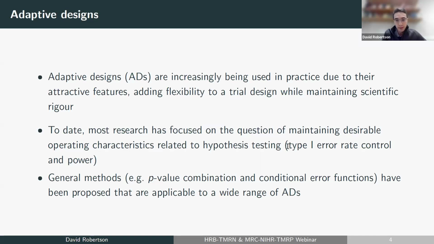So in particular, ensuring control of the type 1 error rate, which is seen, at least from a regulatory view, as really crucial when it comes to confirmatory clinical trials, as well as ensuring there's sufficiently high power. And there's been quite general methods proposed, such as p-value combination, conditional error functions, which are applicable to a wide range of adaptive designs to ensure type 1 error rate control.